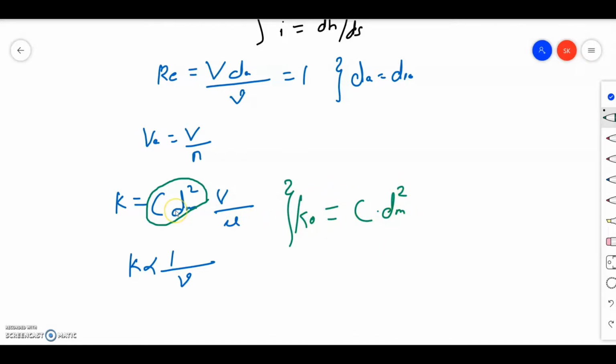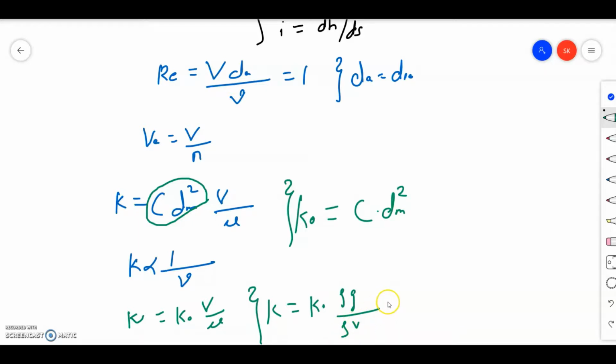So if we simply put this K naught here, we can get the formula. K is equal to K naught into gamma by mu. Now this same formula we can even write in a different way. K is equal to this K naught, instead of gamma we can put rho into g, and this mu, as there is a relation that kinematic viscosity is equal to dynamic viscosity by density, so we can also write it in another way, that rho into v.